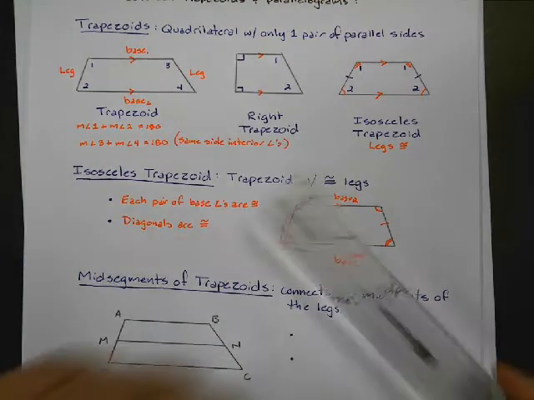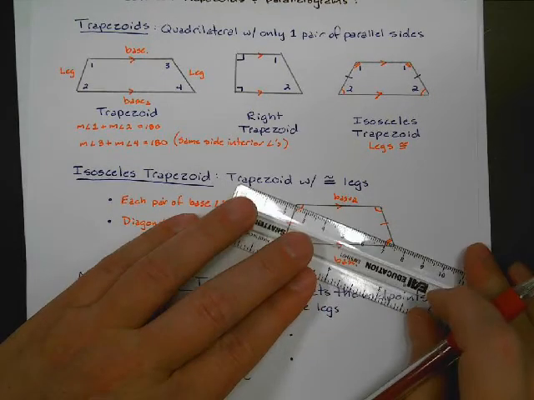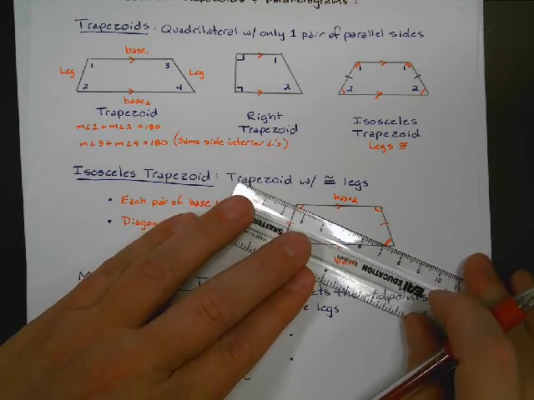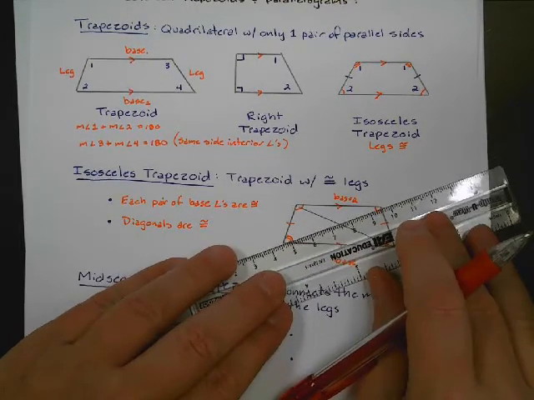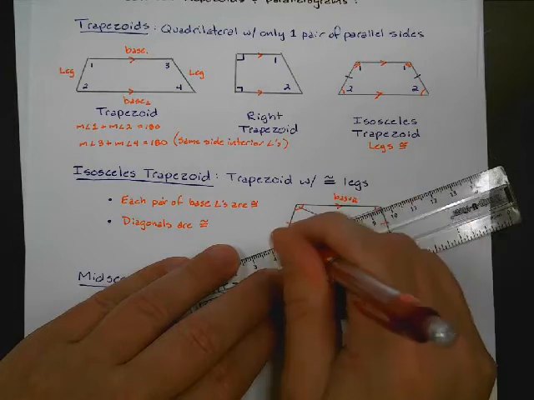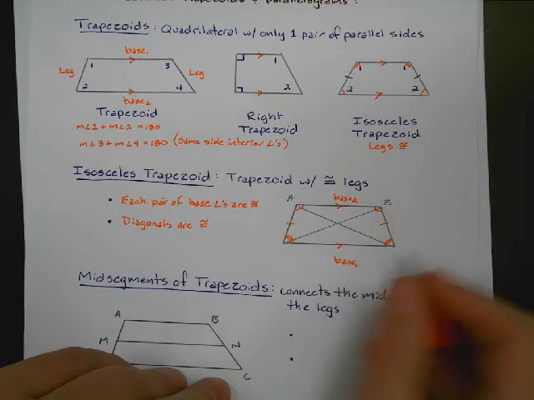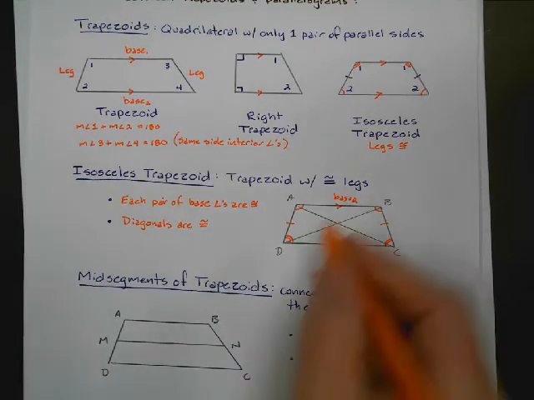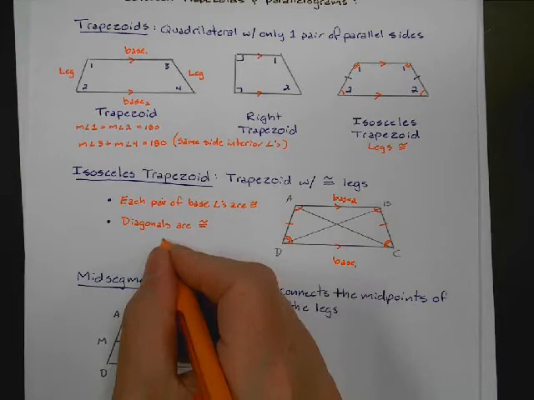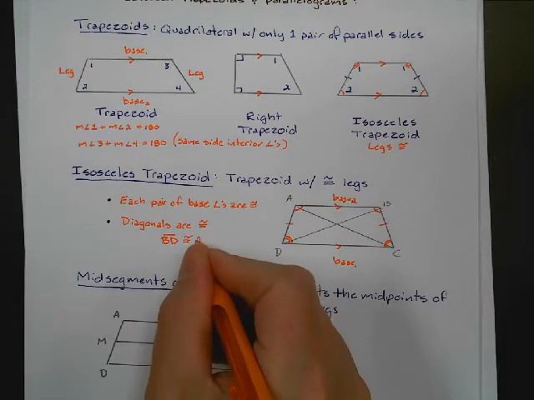So if I've got my diagonals drawn on there, let's do it in pencil. So here's a diagonal here, here's a diagonal here, and let's call this A, B, C, and D. So we would know that the length of BD is going to be congruent to AC.